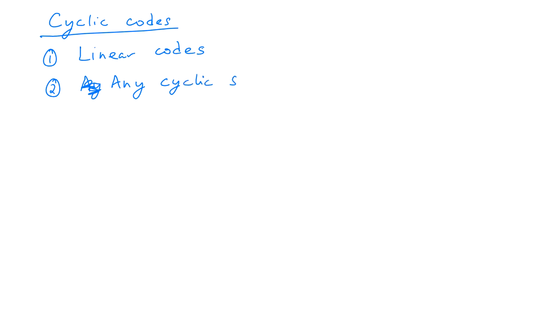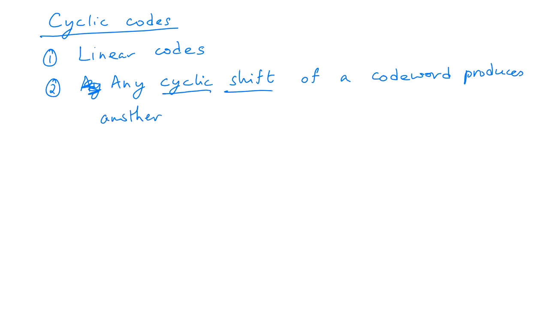any cyclic shift. What do we mean by the cyclic shift? I will give you an example now. Any cyclic shift of a code word produces another code word.